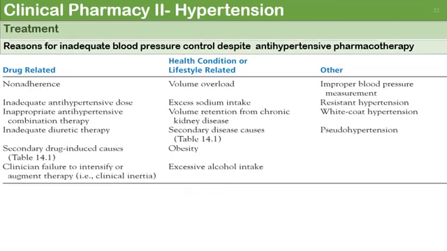The major causes of inadequate blood pressure control despite antihypertensive pharmacotherapy include non-adherence, inadequate antihypertensive dose, inappropriate antihypertensive drug combination, inadequate diuretic therapy, secondary causes, or clinician failure to intensify or augment the therapy.